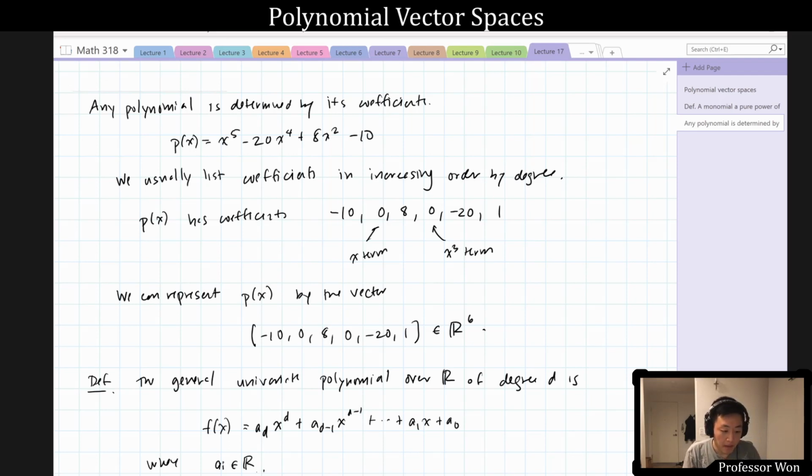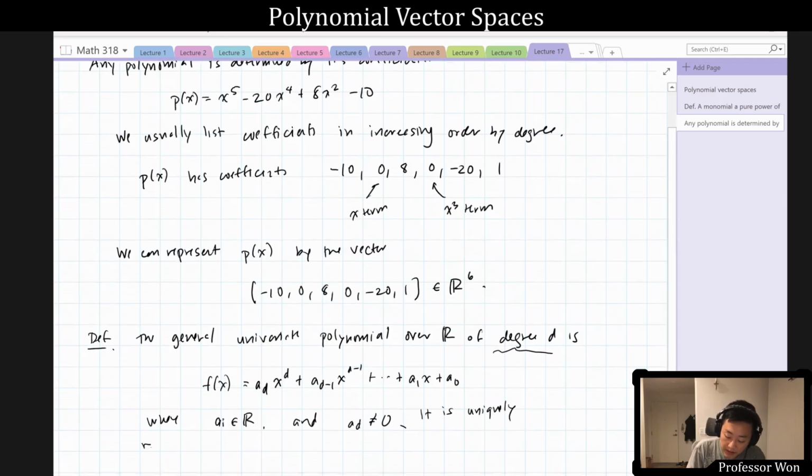Oh, and sorry, ad is non-zero because I'm saying that this is of degree d. Right? Now, if you know the polynomial has degree d, then you can uniquely represent it by a vector in R^(d+1) just by listing all the coefficients. Right? It is uniquely represented by the vector a0, a1 up through ad in R^(d+1). That's sort of what we've developed so far.